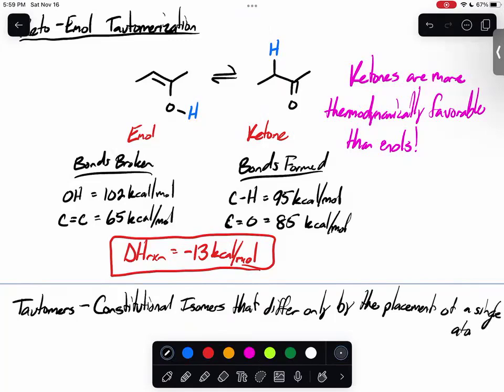And that's why I highlighted that hydrogen. Because notice how all of the carbons stay in the same place, the oxygen stays in the same place. The only thing that moves is that blue hydrogen. In one case, it's on the oxygen, in the other, it's on a carbon.